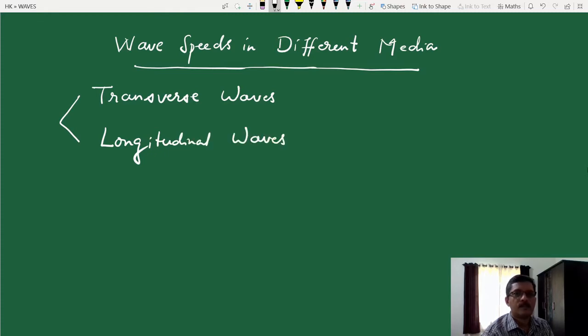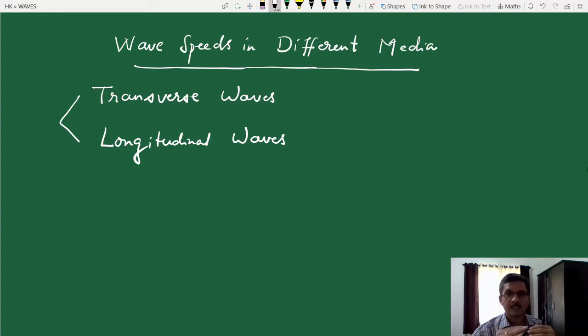This classification is based on the idea that, suppose you consider waves traveling through a medium. So we know that when an energy or disturbance passes through a medium, the particles of the medium will be vibrating about their mean position.